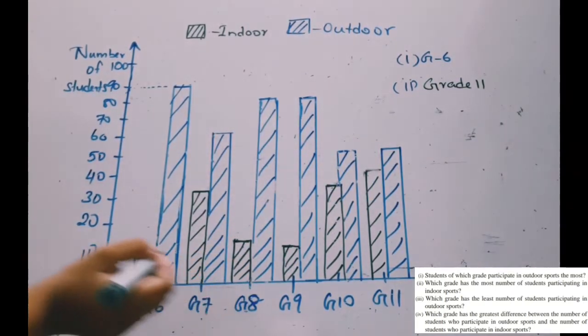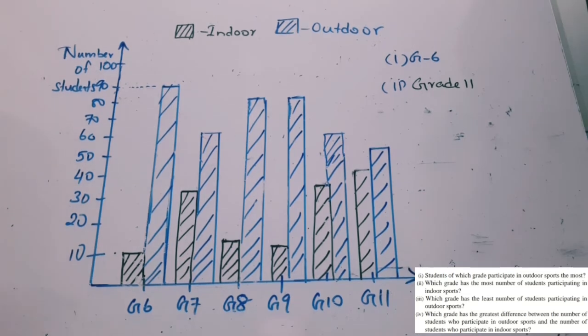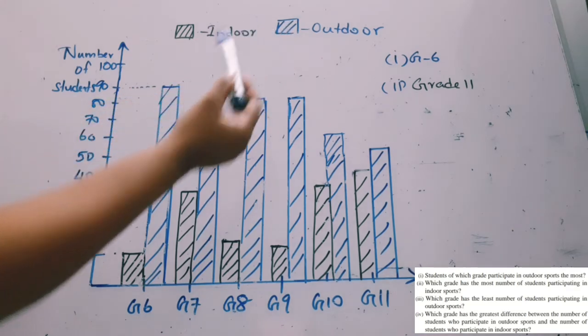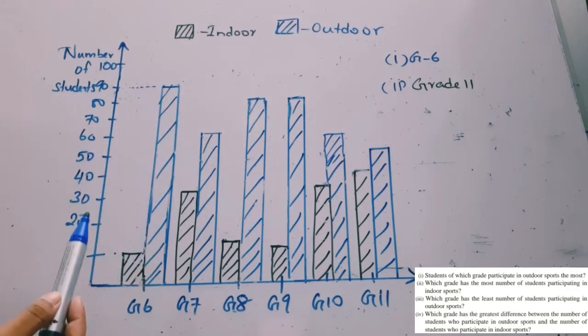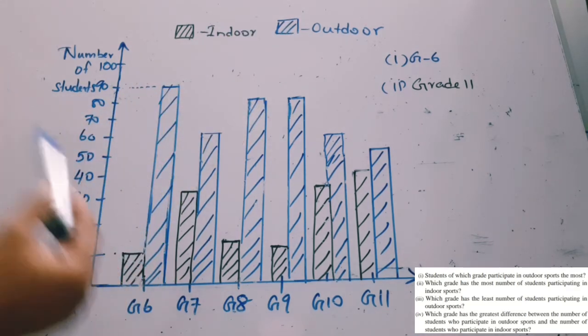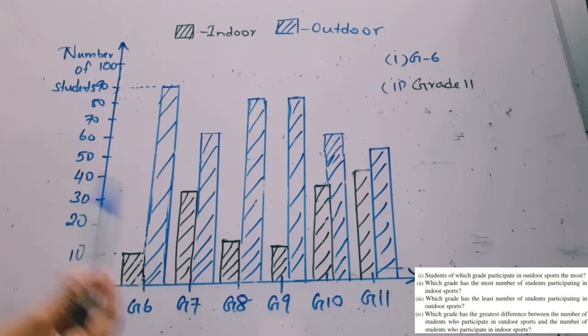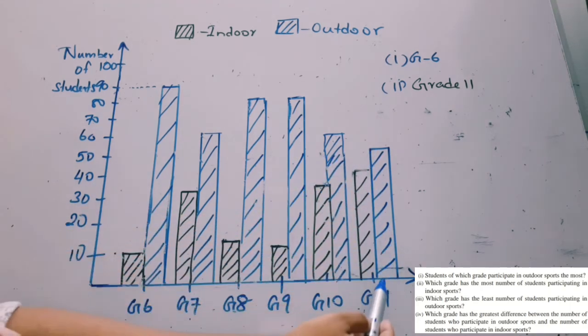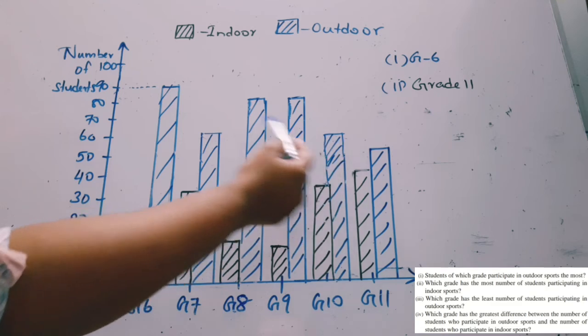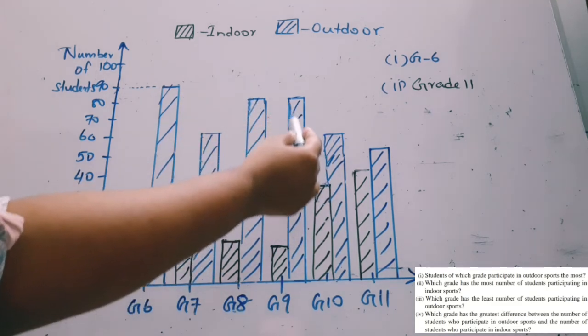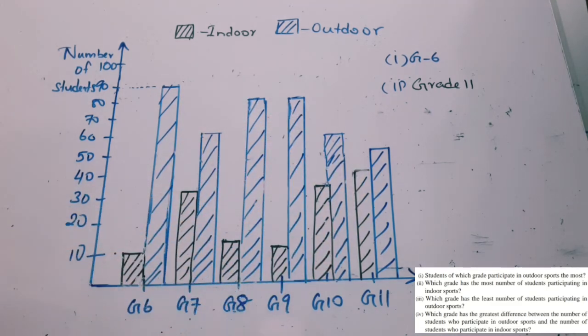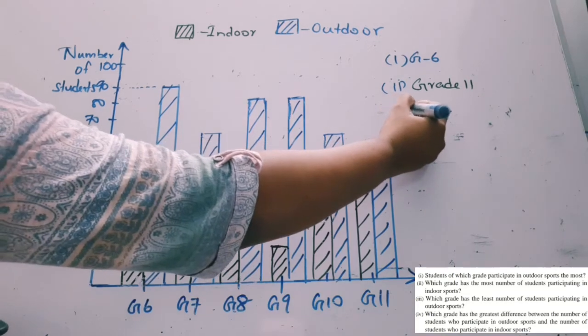Now let's look at the third question. Which grade has the least number of students participating in outdoor sports? Here, outdoor sports denote the blue color bars. So you have to look for the shorter height, right? The one with the shortest height is the grade 11 one. Compared to that, all the others are higher. So the answer is grade 11.